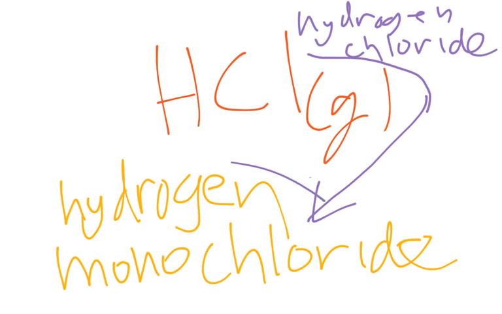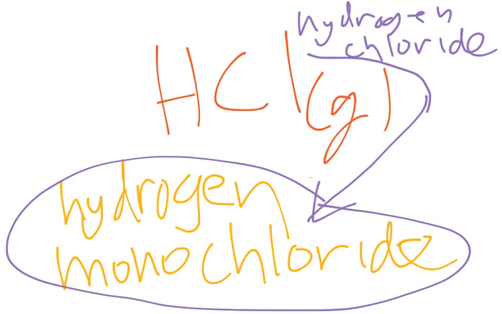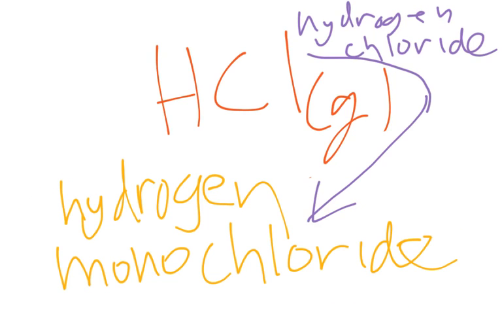But technically, hydrogen monochloride is still correct. You could still use this process, but as you do more chemistry, you'll hear hydrogen chloride more often, and eventually you will start calling it hydrogen chloride. But we're not at that stage yet, so call it hydrogen monochloride or hydrogen chloride if you'd like.